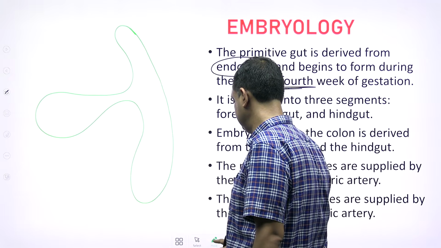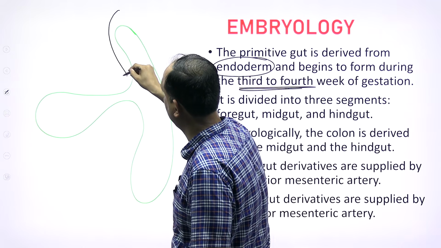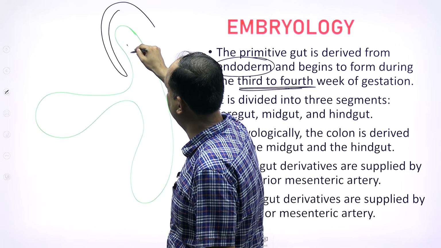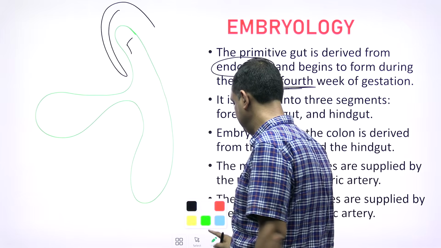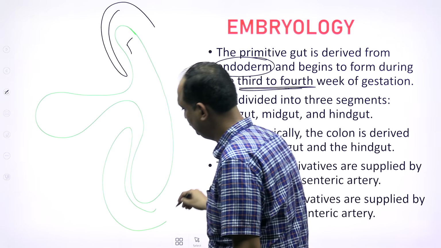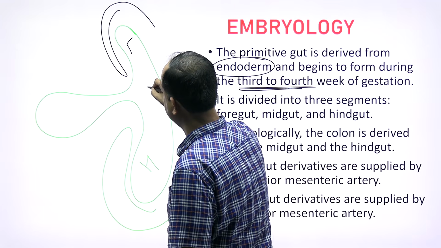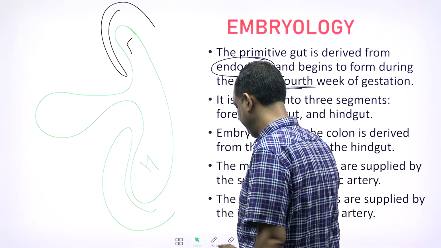The part which comes in the cranial fold is known as foregut. The part which comes in the caudal fold, or the lower fold, is known as hindgut, and the part in the middle is known as midgut. So we have the 3 parts here.